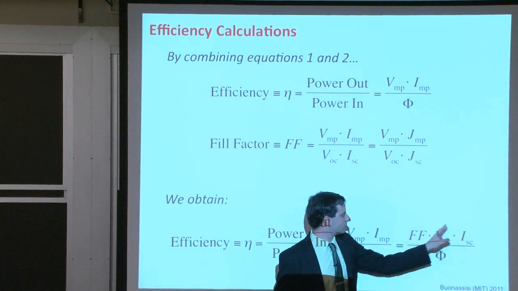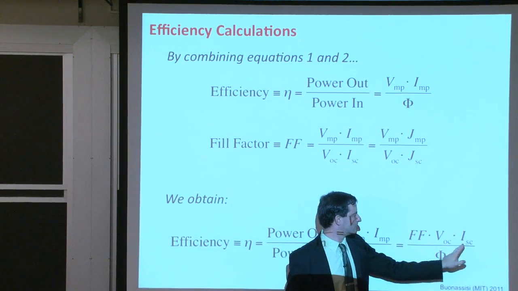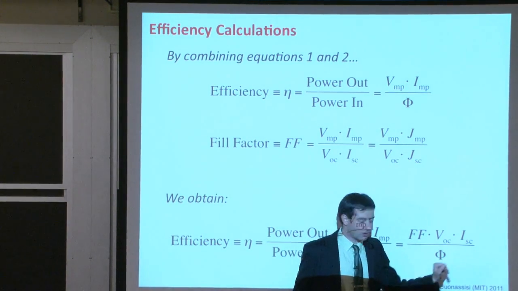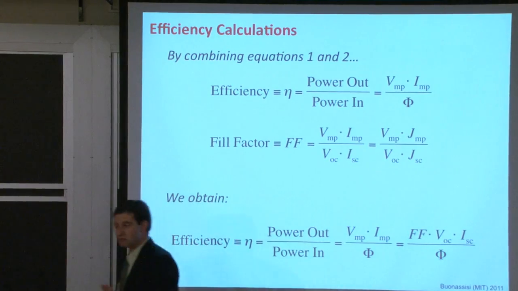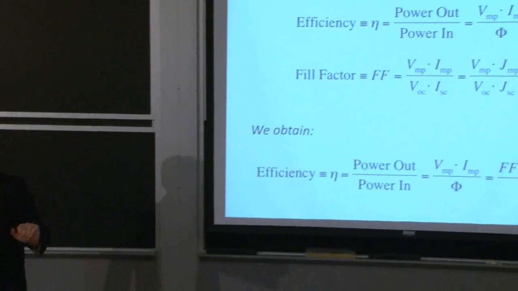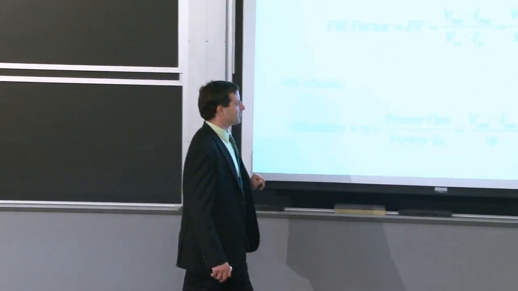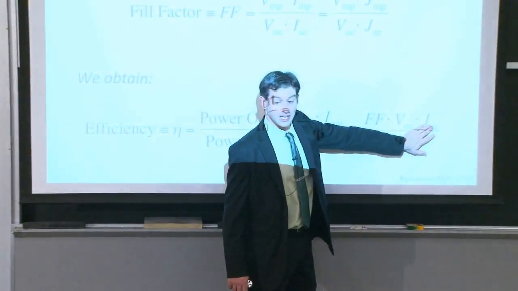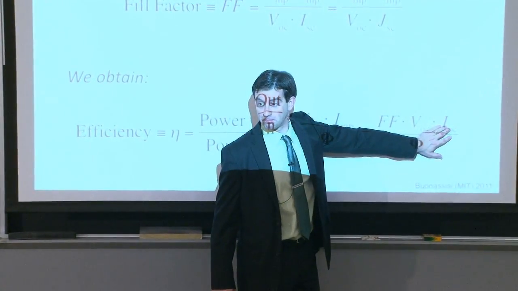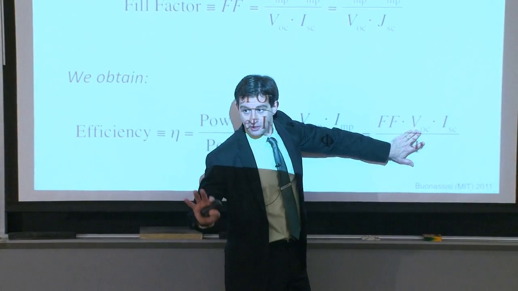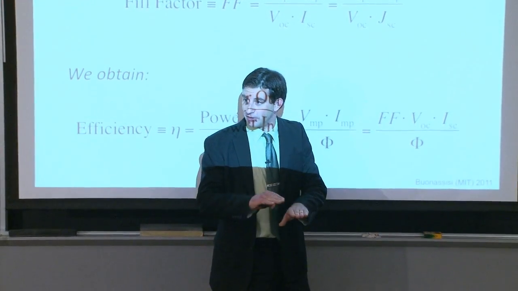And these break down roughly into the current is going to be a function roughly, again, I'm really painting broad brushstrokes here, the current is going to be roughly a function of illumination condition and bulk material quality. The VOC will be roughly a function of the interface, the diode characteristics.